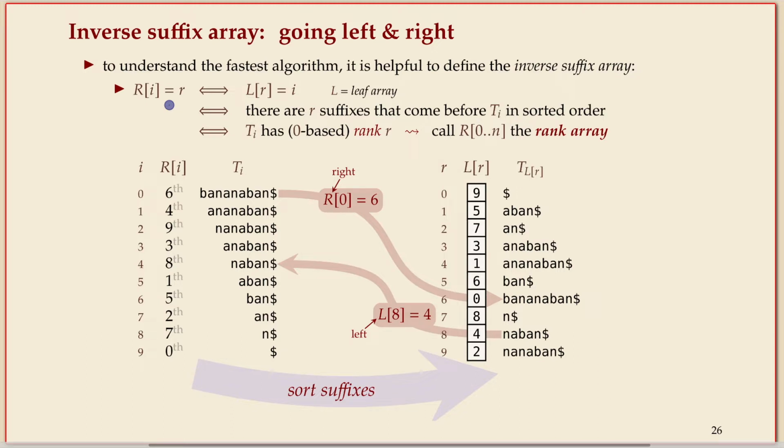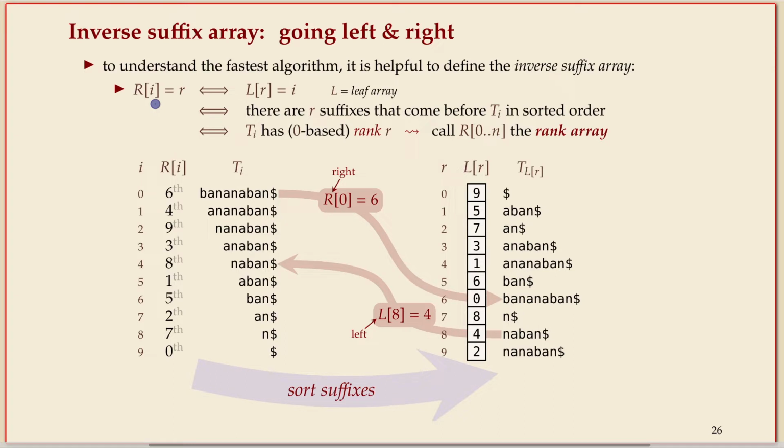I didn't point that out, but it has all the numbers from 0 up through n exactly once in some scrambled order. So you can also talk about the inverse permutation, where if the value at position r in the leaf array, in the suffix array, is i, then we'll get the value r at position i in the rank array.